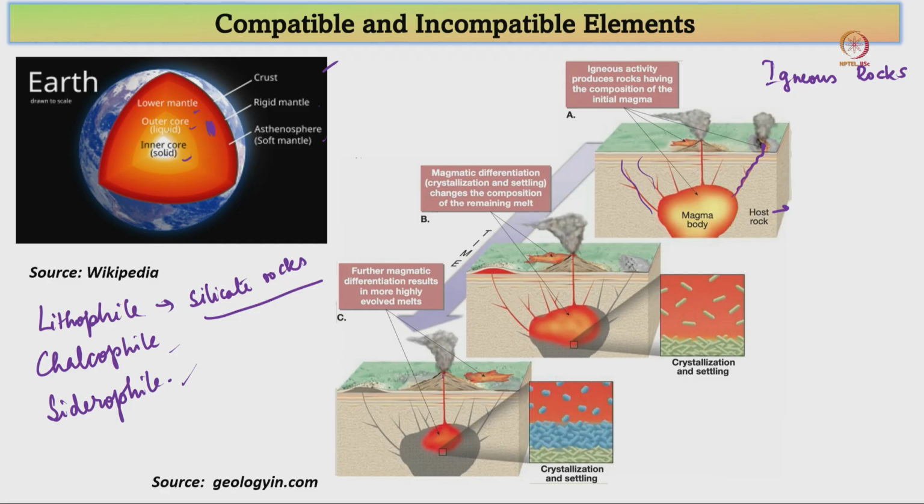As it is erupting, it starts to lose pressure. Slowly the temperature also drops slightly. As soon as there is a change in temperature and pressure, whatever is in the magma starts to cool down.